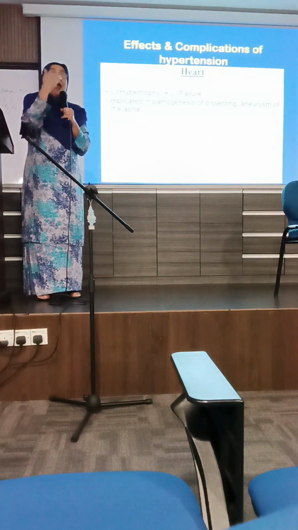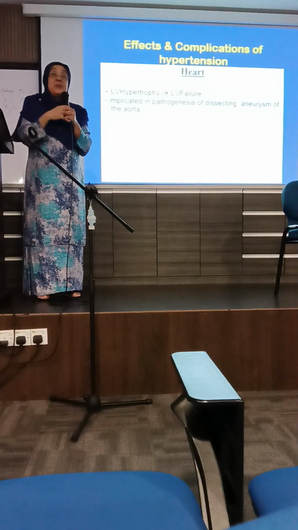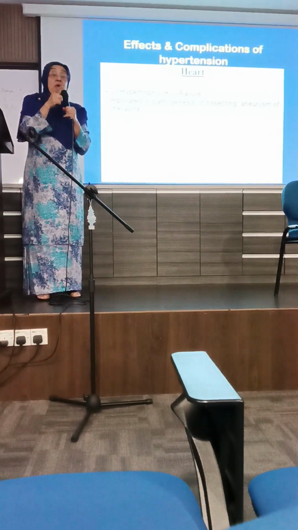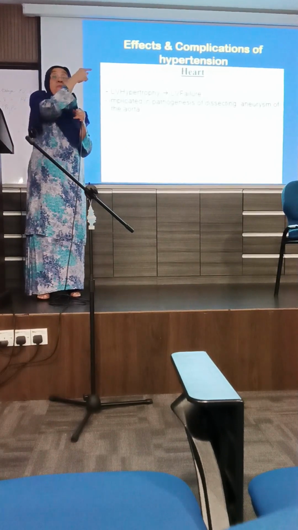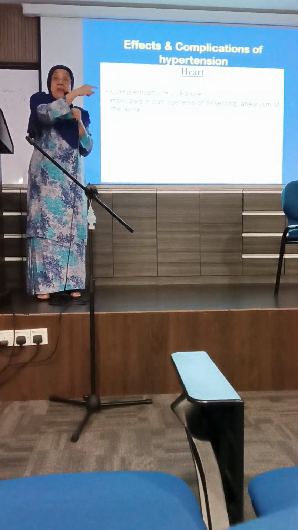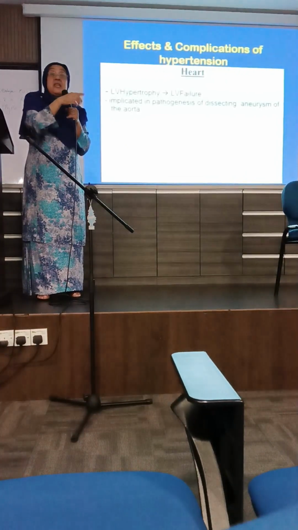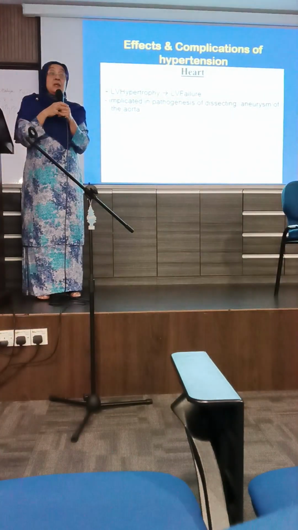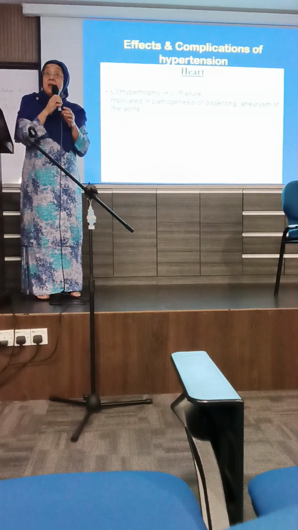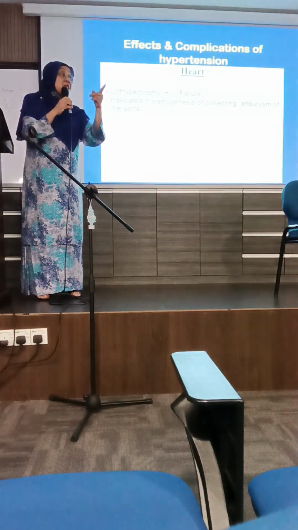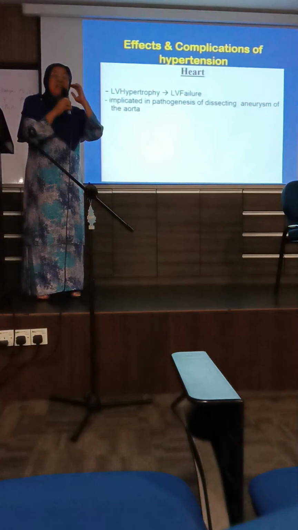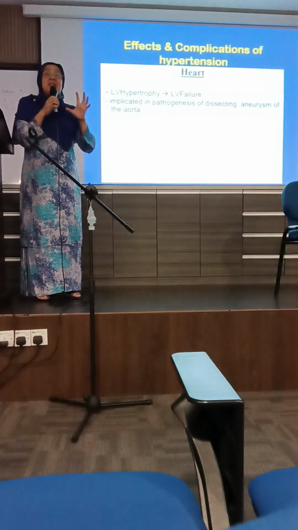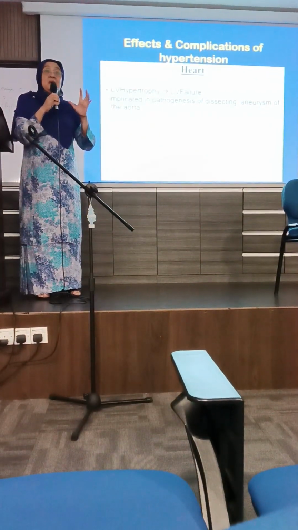Left atrium. Where does the left atrium get its blood? Pulmonary vein. Okay, what happens is this flow from the pulmonary vein comes from the lung, right? So what happens? Lung congested. Keluar sikit. Congested. Tak dengar? You all ni, this is basic. Lung becomes congested.